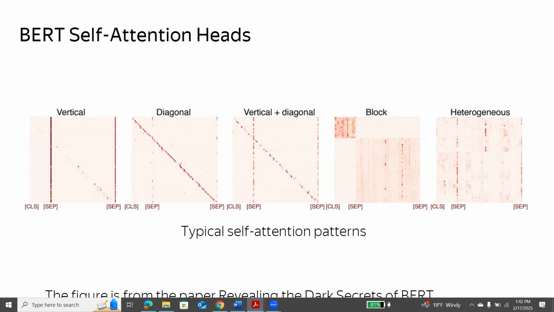But we have different heads, and we can print attention probabilities for every head. In, for example, the first head, you can see that the most attention is on the separator, and it makes sense because the model should understand which token belongs to the first sentence and which belongs to the second. In another one, it's the diagonal, so it's kind of self-attention.